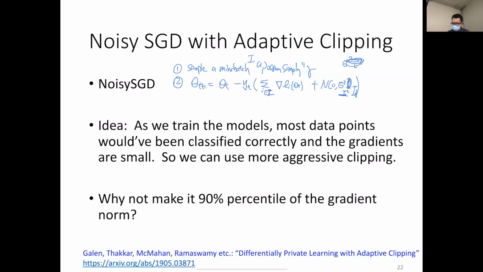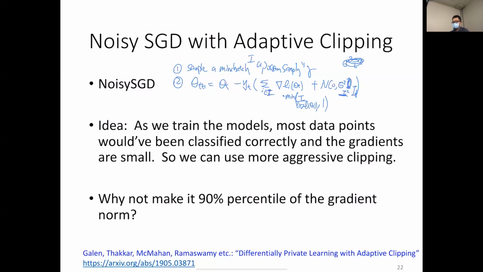And why should tau be there? Because we're going to be multiplying the gradient by the minimum of tau over the norm of the gradient at theta t, and 1.